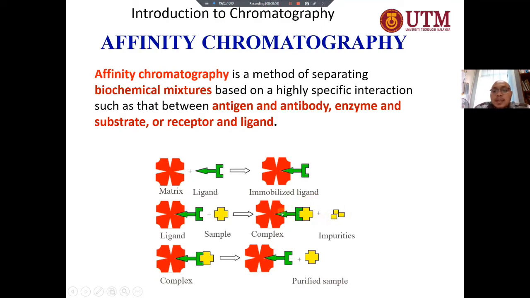The ones that will not attach to the ligand will be eluted first. The ones that attach to the ligand to form a complex will elute last. So in this situation, the impurities will elute earlier compared to the sample that can attach to the ligand.